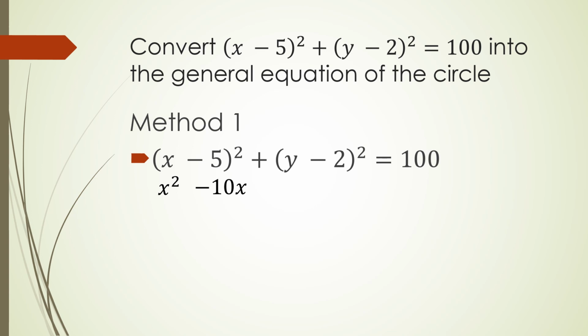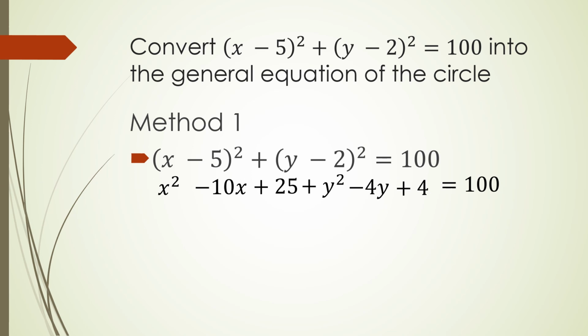And then square the last term, negative 5 squared is 25. And for y, we have y², negative 2 times y is negative 2y, times 2, we have negative 4y. Negative 2 squared is 4, equals 100.